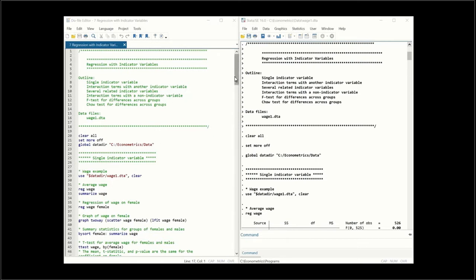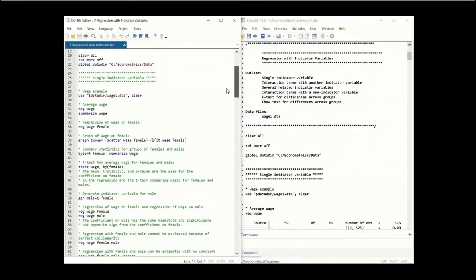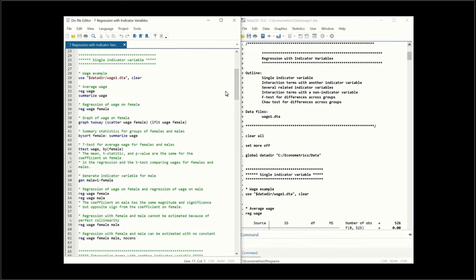So the first thing that we will do here is to look at the single indicator variable in the regression. We would be using this data file, wage1, and we would be running a regression of wage, and then we would be summarizing wage. So at this point, we would have no independent variables.